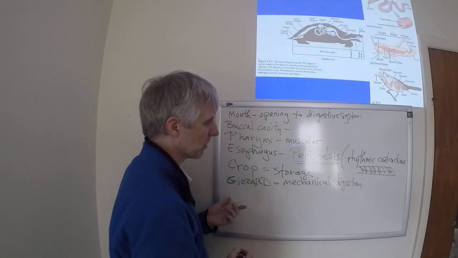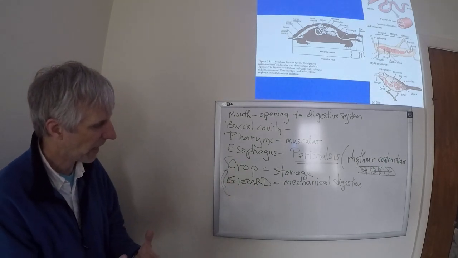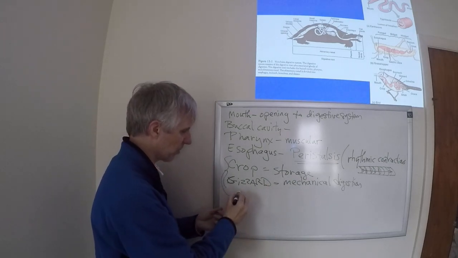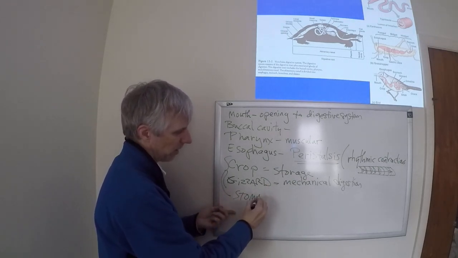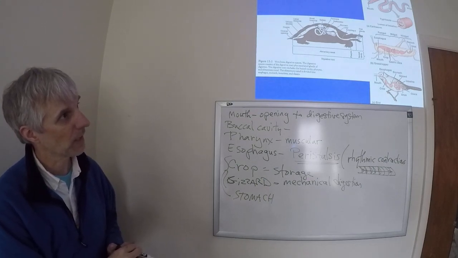In some animals like us, the crop and the gizzard together, the storage and digestion is accomplished in the same organ, and we would refer to that organ as a stomach. Okay.